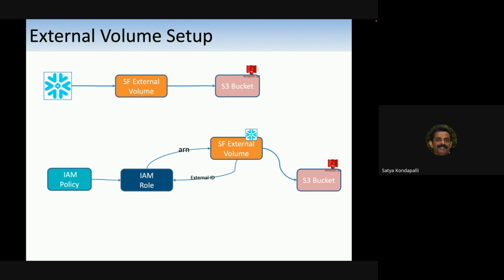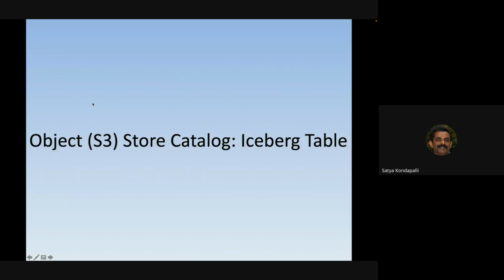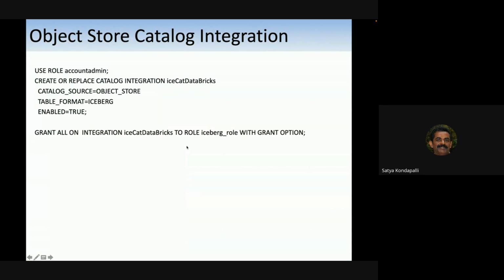Remember, this is an initial step, mostly done by the AWS DevOps guys and also Snowflake admins. Now we're going to create an object store catalog. Here the object store is S3. For that, we have to go through multiple steps.